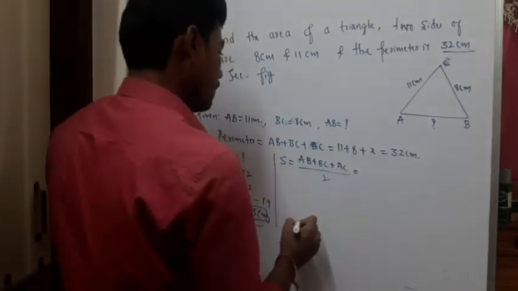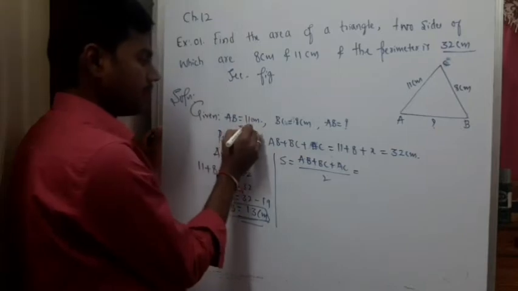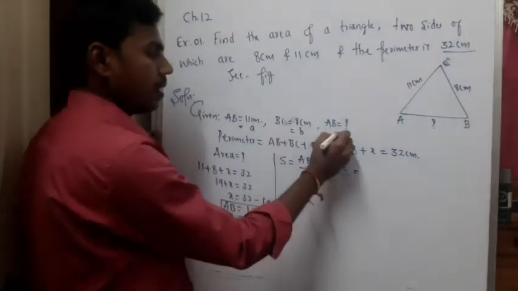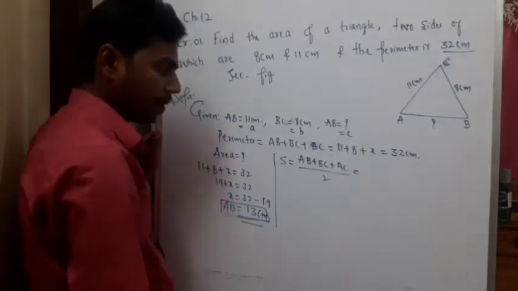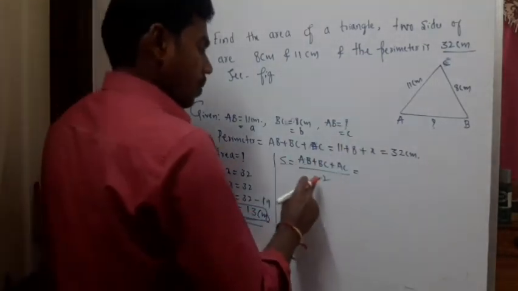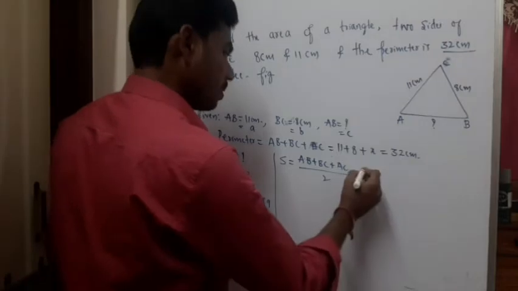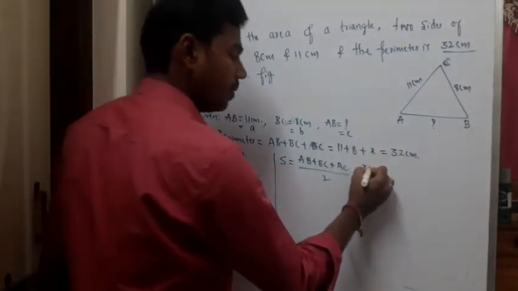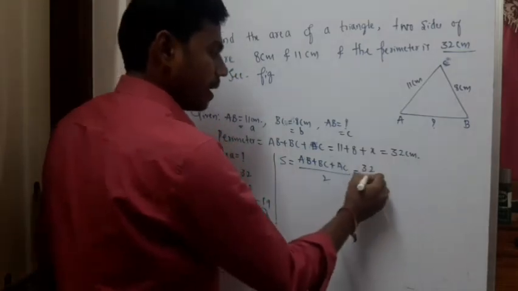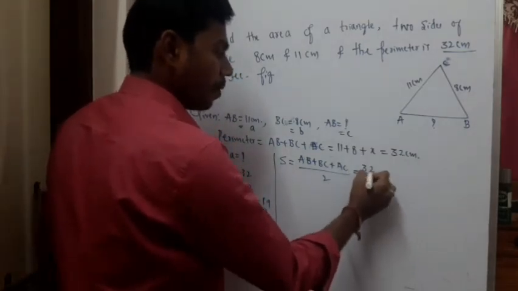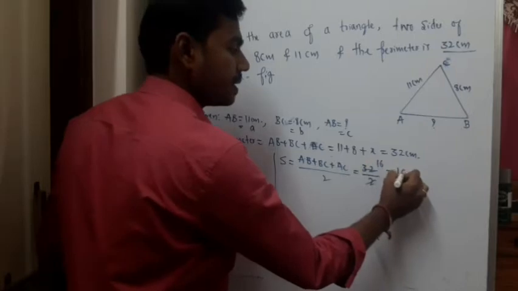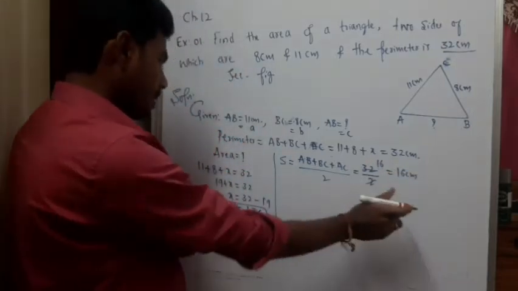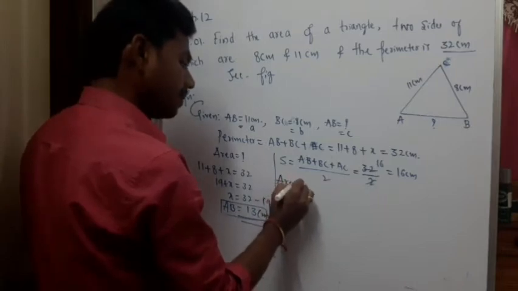I can call this as A, this as B, this as C. Just now we got the sum, AB plus BC plus AC, directly we know that is 32. So divided by 2, that is 16 centimeter.